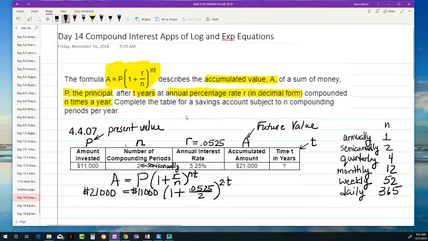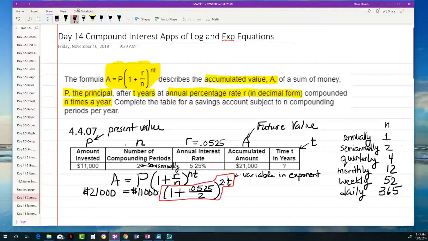That just means that the variable is in the exponent. And whenever you have an exponential equation, you want to isolate the exponential expression, which is this whole part that's being raised to a power. So we want to get this part, the exponential expression, by itself.